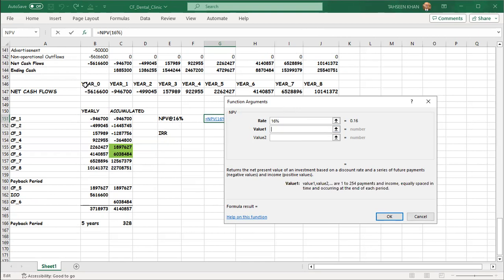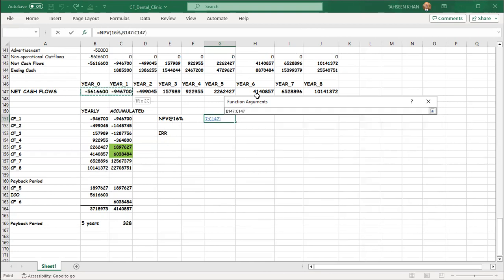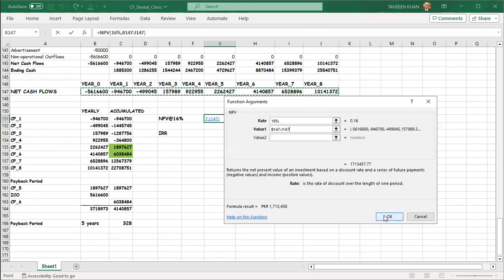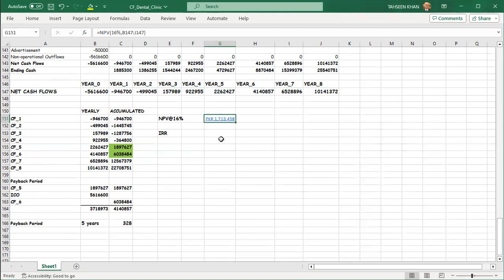Thereafter, values. It comes from 0 year to 8 years. And you will simply enter. Now the value is positive. It means your return is more than your expected return, that's 16%. If the value comes negative, it means your return will be less than 16%.